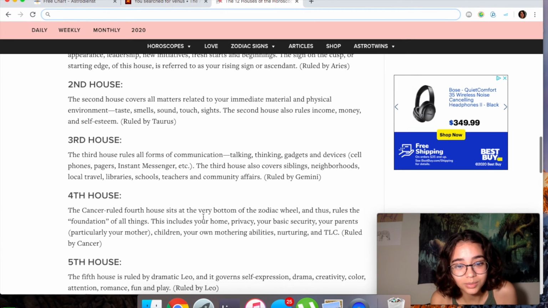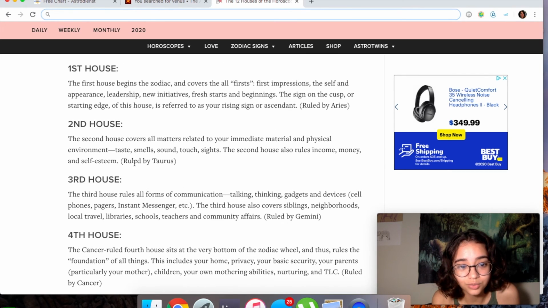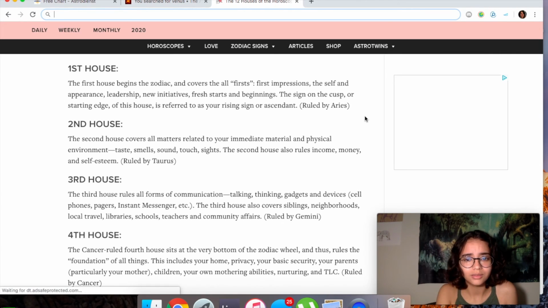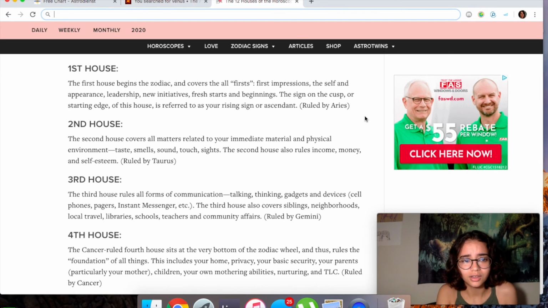See how when they're explaining, they're saying that it's ruled by Taurus, it's ruled by Gemini, it's ruled by Aries. For people asking, why is this ruled by, what does it mean that it's ruled by it? Well, it just means that the first sign is Aries, so that's the energy of the first house. It's ruled by Aries.